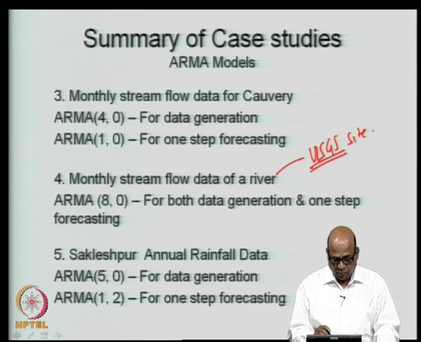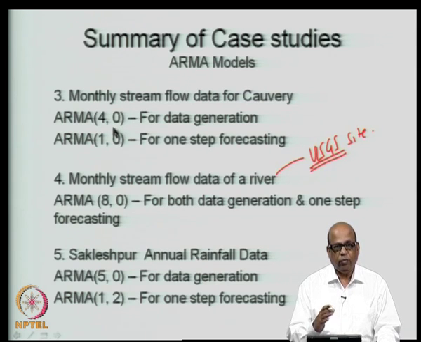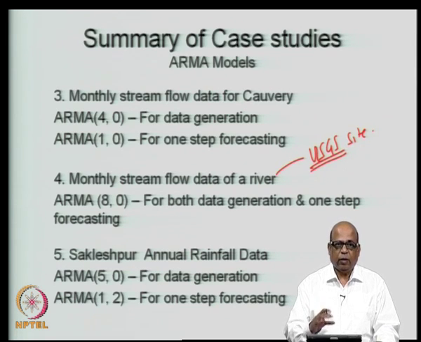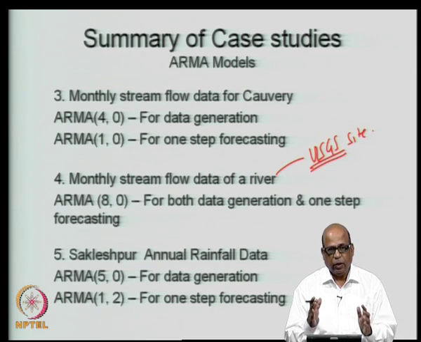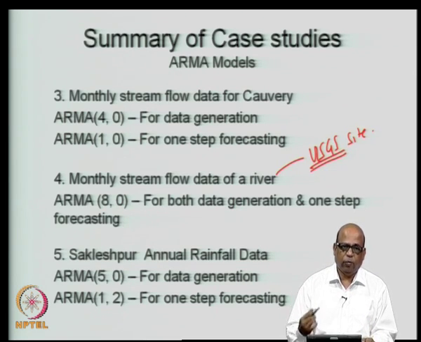Now, for the monthly stream flow data of the US river, we got AR80. Remember, these types of models that we are getting themselves show the difference in the processes that have contributed to getting that particular time series. So, as I mentioned, in the peninsular Indian region, essentially the stream flows are generated by the monsoon rainfall, and therefore, you get a significant periodicity.